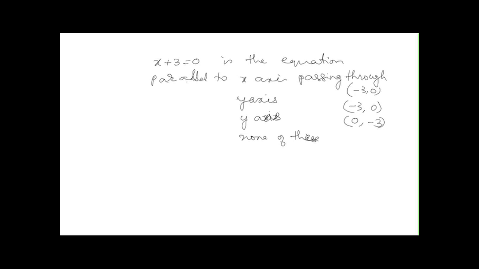Which is correct, Anjali? This is A, this is B, this is C, this is D. How will the line go? x plus 3 equal to 0.